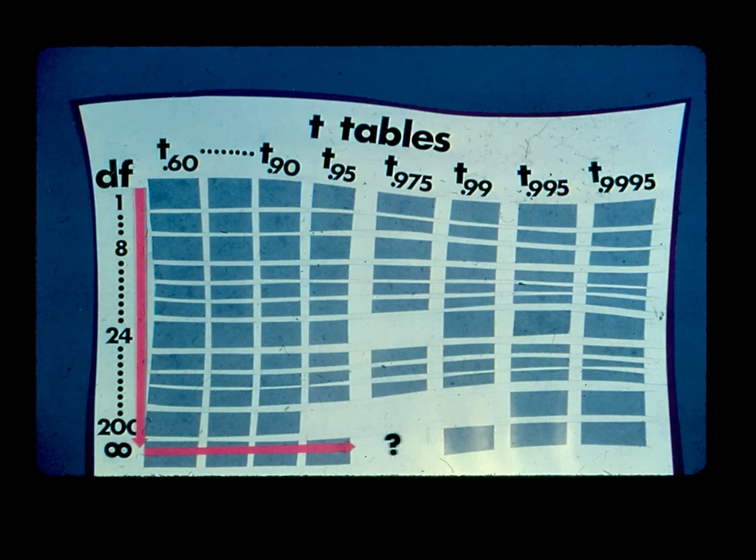Now, before returning to the confidence interval problem we began with, let's look at the t-table to observe one other important fact about the relationship between the t-distribution and the z-distribution. Suppose we wish to determine the 0.975 percentile of the t-distribution with infinity degrees of freedom.